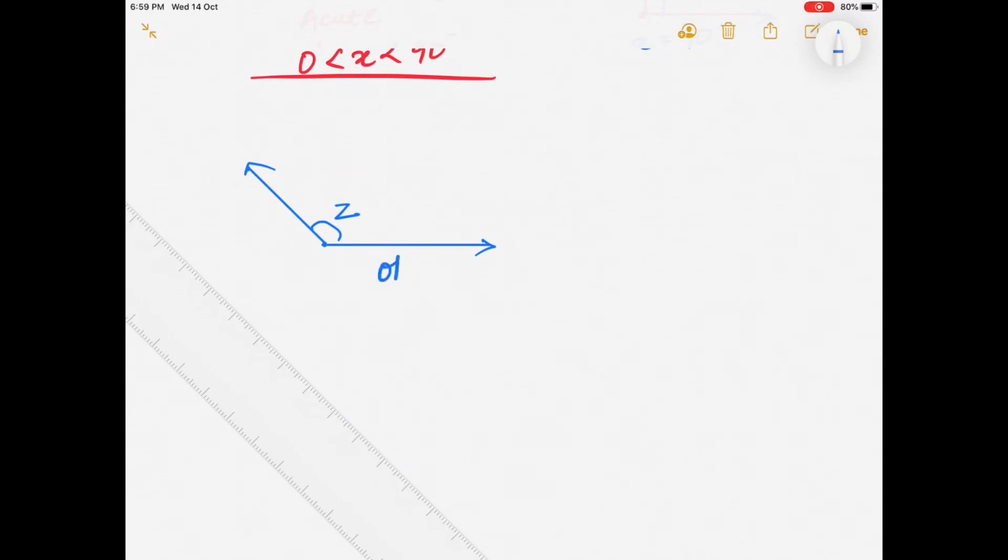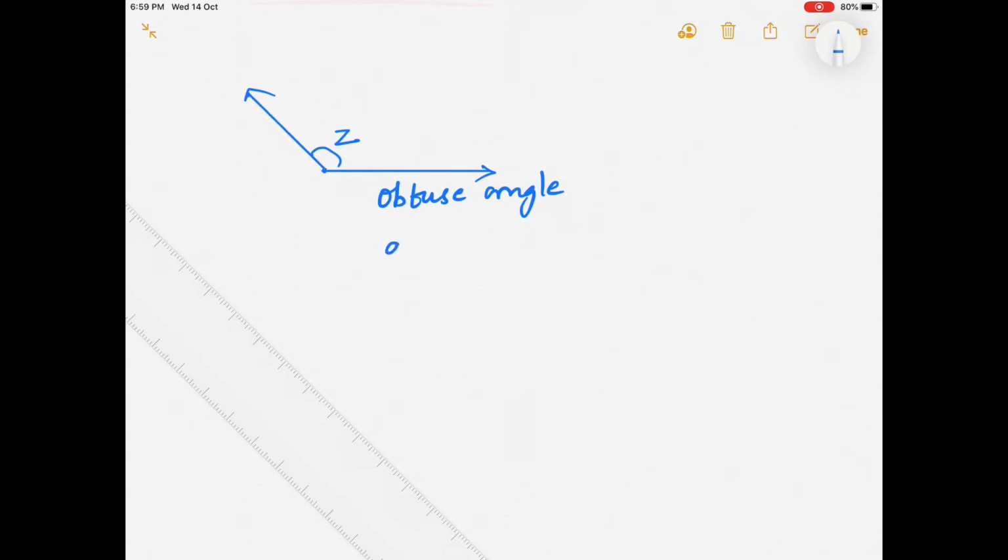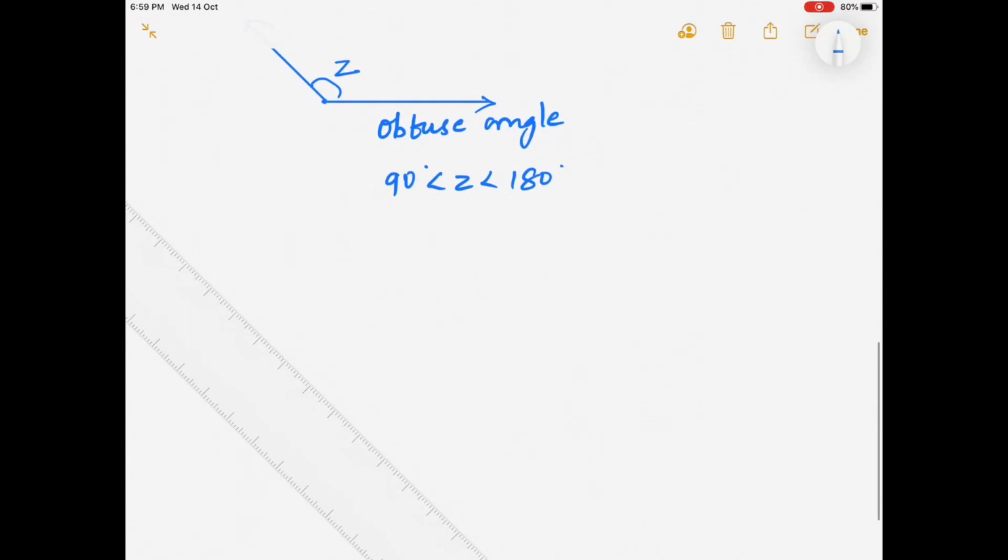Z will be our obtuse angle. What is an obtuse angle, and what are the measurements of an obtuse angle? When this angle will be greater than 90 degree but less than 180 degree, this angle will be called as obtuse angle.